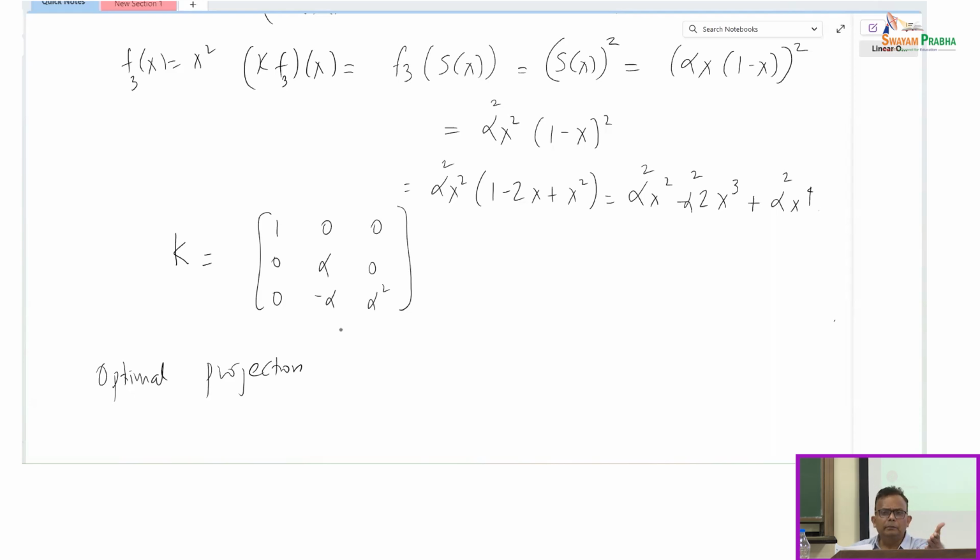It all boils down to how much computation you can handle. And in this case, this is an analytical example where you can actually see the structure. If you just carry one more step, you see this matrix actually grows like 1, 0, 0, 0, alpha, 0, 0 minus alpha, alpha square, and so on. So here you will see the structure. And maybe that structure itself is good enough. Okay.